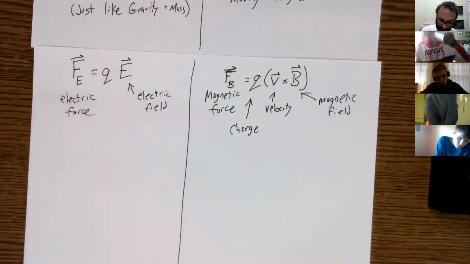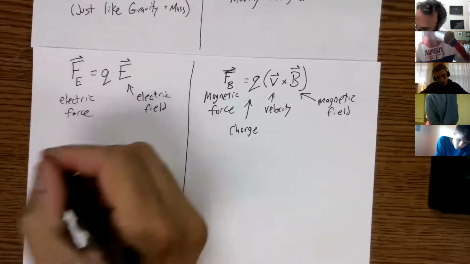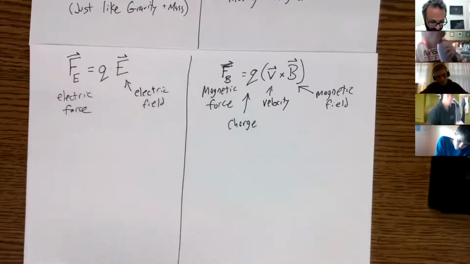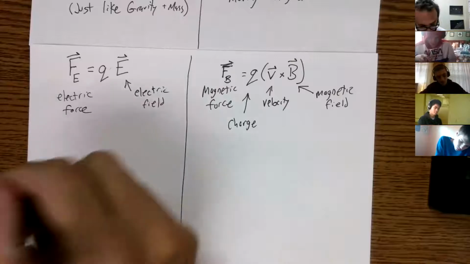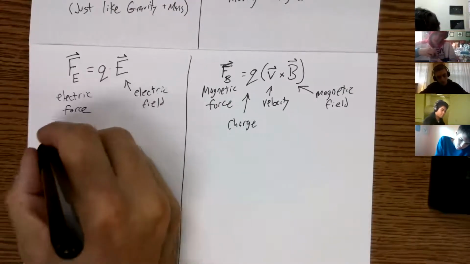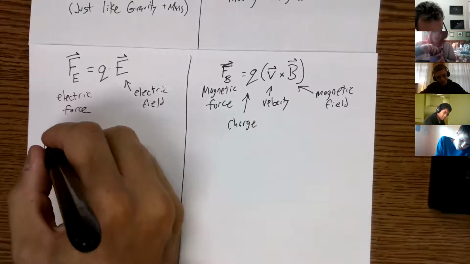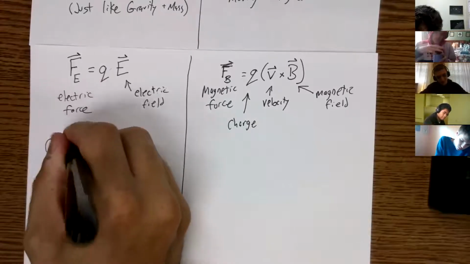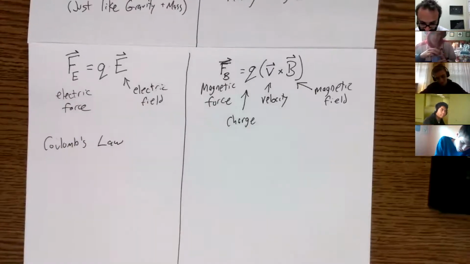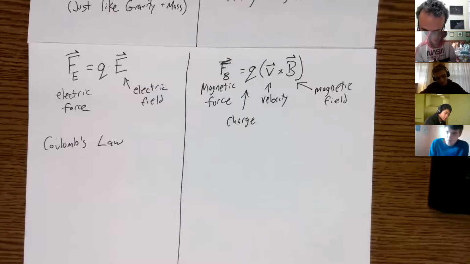So we're going to learn the simplest way, or the introductory way, that a charge makes an electric field, which is through Coulomb's law. Right, which you've already seen if you've done the reading so far.